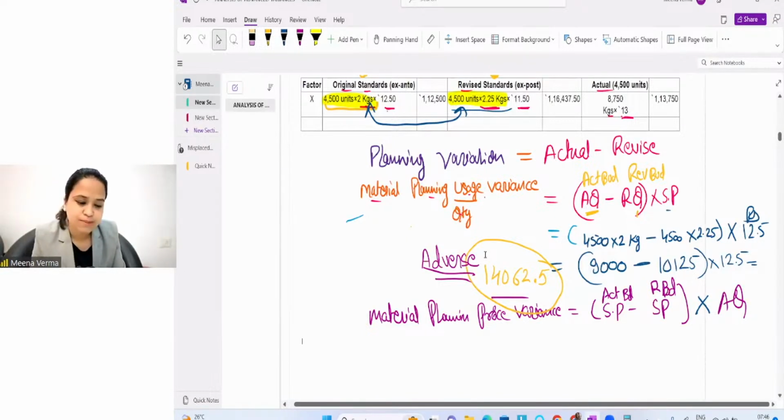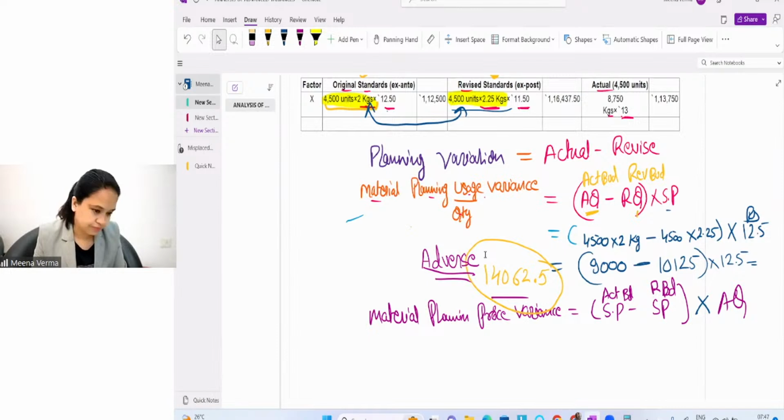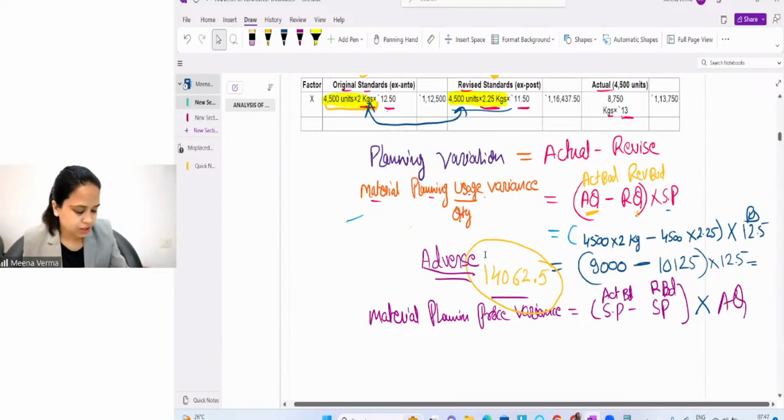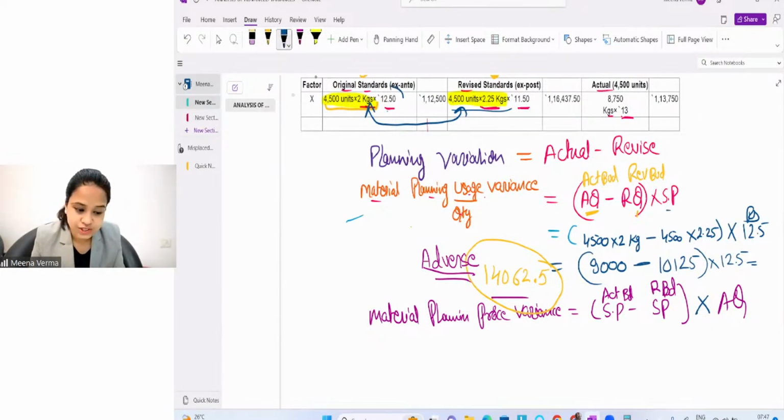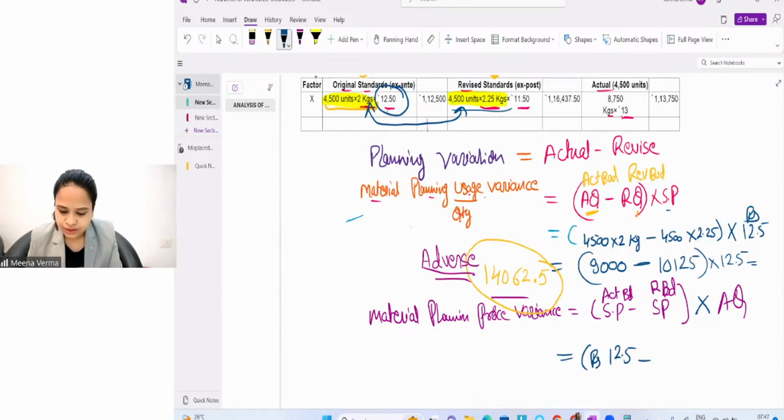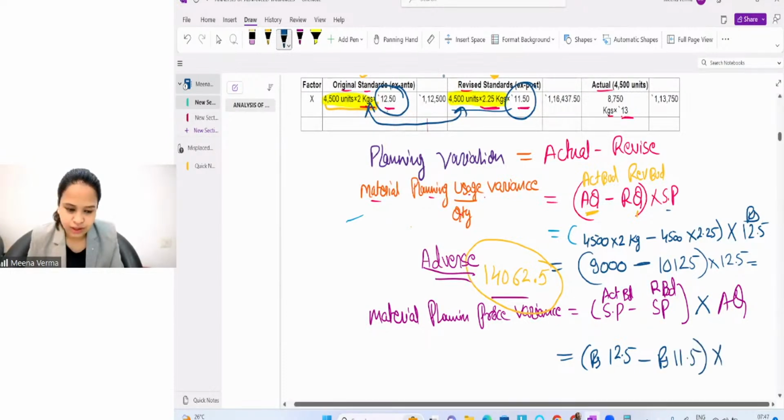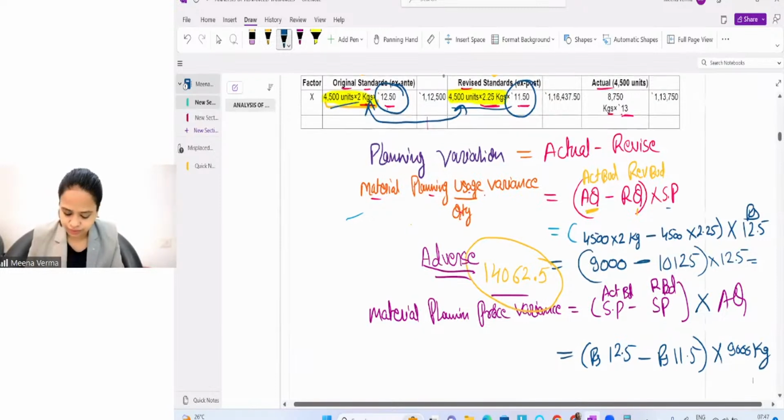Now let's see what the price variation is. What was your standard price? Your original price was rupees 12.5. Then what was the revised price? It was around 11.5. And the actual budgeted quantity was 9,000.